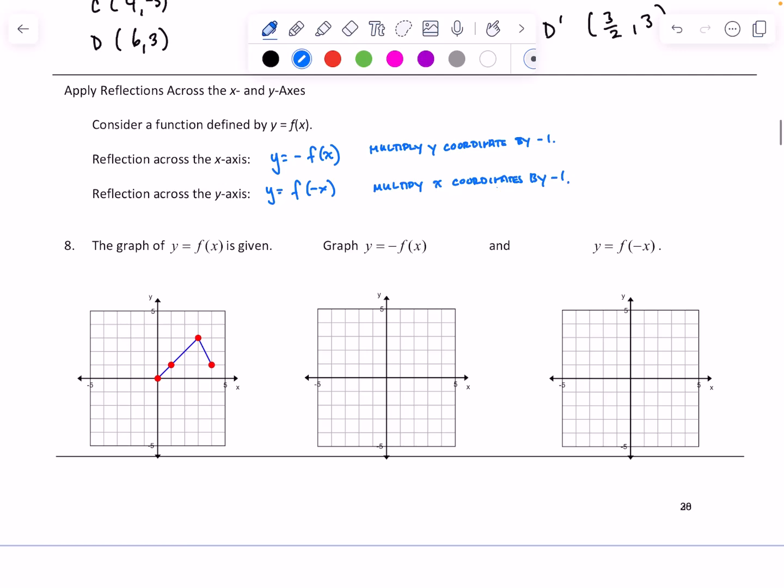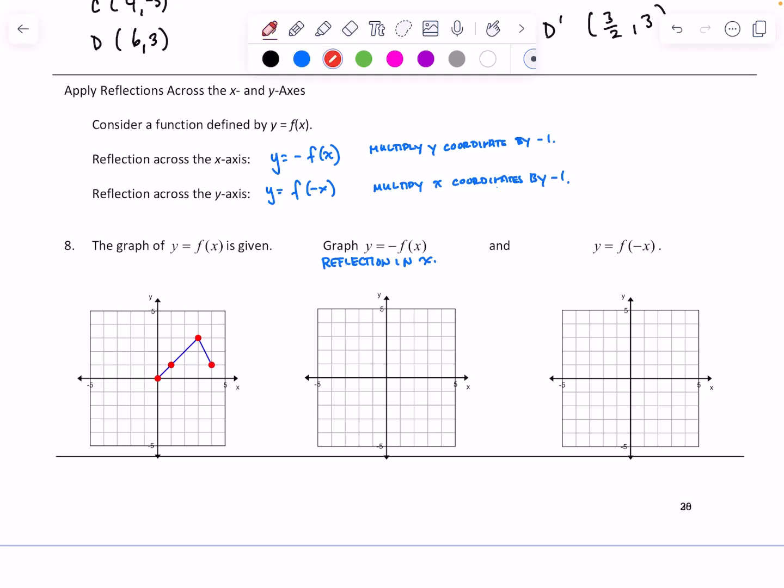All right, so let's look at an example here. We have this function here, and we have y equals -f of x. So this is reflection in the x-axis. The x-axis is now going to act as a mirror. All of our y-coordinates that are positive are going to become negative, and all the ones that are negative, which there aren't any in this case, are going to become positive. So it's going to look like this.